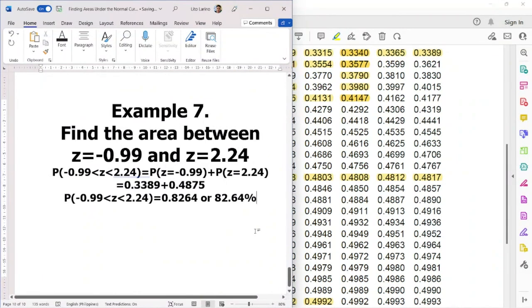That is how we are going to find the area between two z-scores when one of the z-scores is below the mean while the other is above the mean.